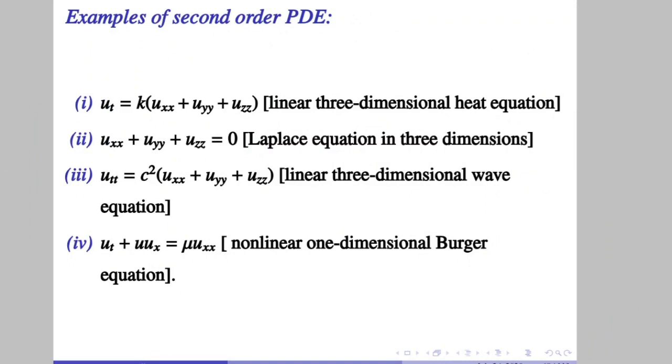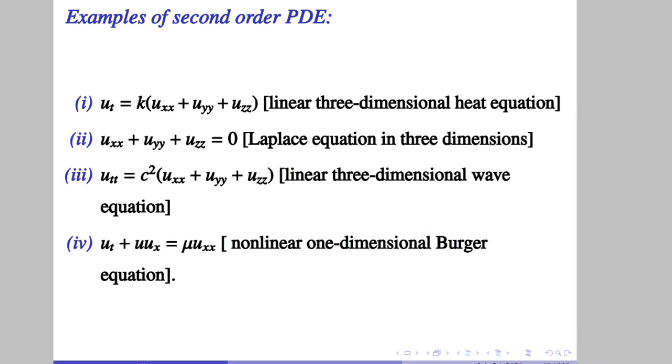So examples of second order equations, these are the well known ones: the three-dimensional heat equation, ut = k(uxx + uyy + uzz); the three-dimensional Laplace equation, uxx + uyy + uzz = 0; the three-dimensional wave equation, utt = c square (uxx + uyy + uzz); and ut + u ux = mu uxx.